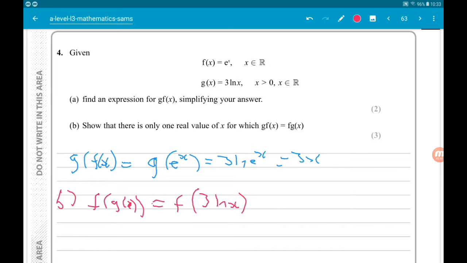Okay, now then, that's going to give us e to the 3 log x. Now, by the rules of logs, 3 log x is log of x cubed. So we have e to the log of x cubed.